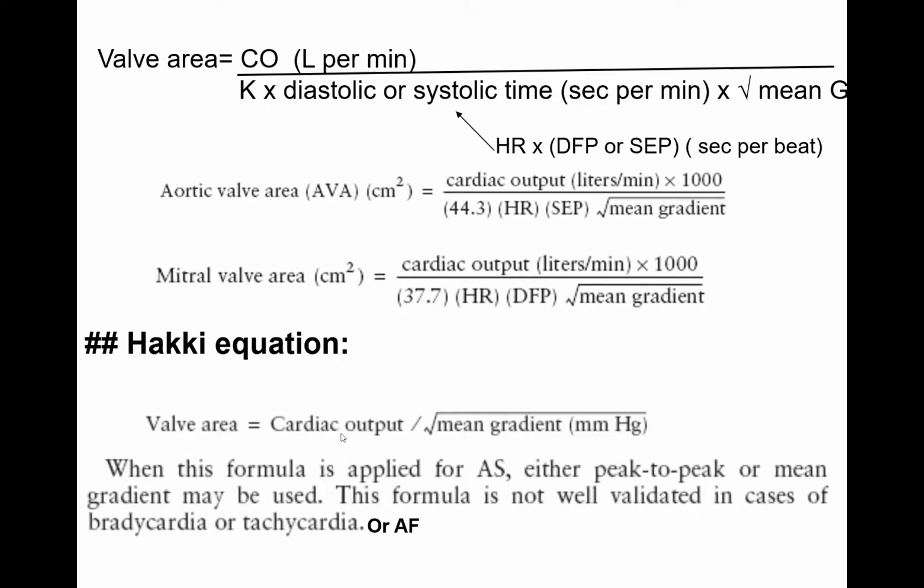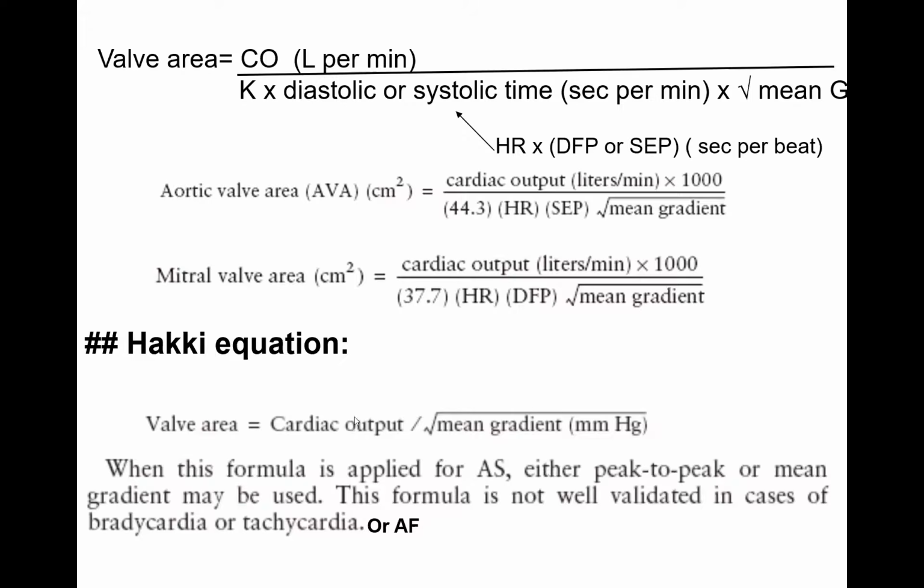So in the cath lab, we can make a quick math while I'm doing the procedure. Before scrubbing out, I plug in the cardiac output and I plug in, you don't have to use mean gradient. You can use peak-to-peak gradient as a surrogate because, like I said, they are usually approximately equal within a few millimeters of each other.